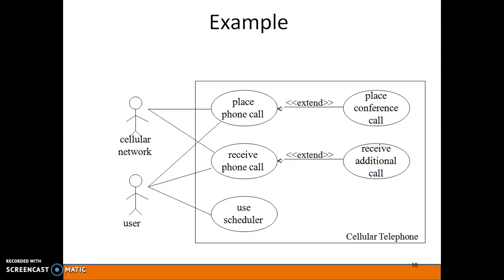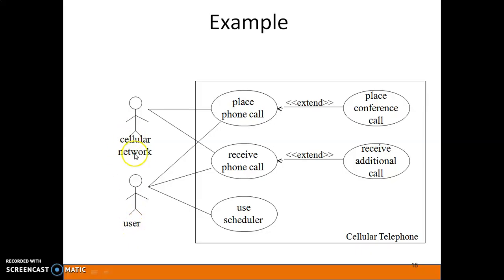We'll draw the diagrams in the next lecture one by one. Then the different kinds of relationships and the different notations will be clear. Then another example, the cellular telephone. You already know an actor can be a system or a user. This is the cellular network and the user.